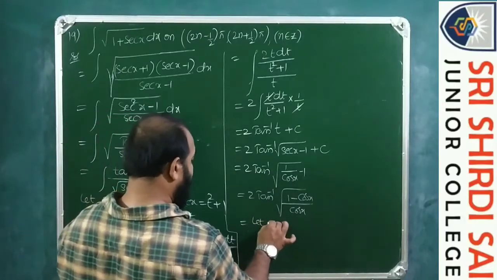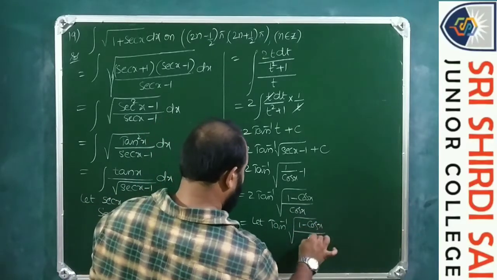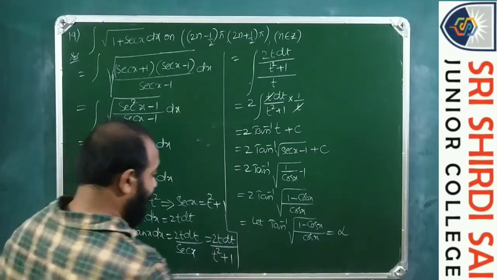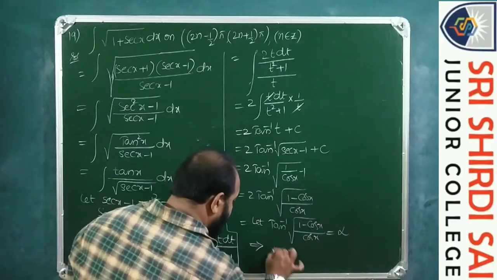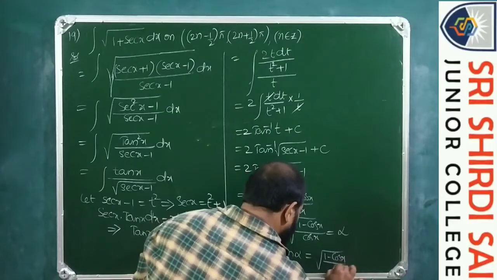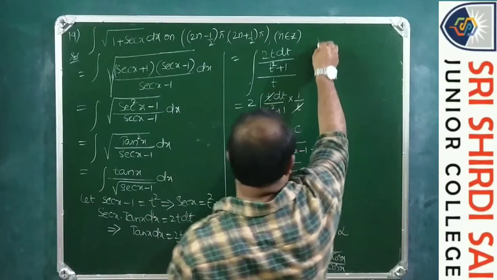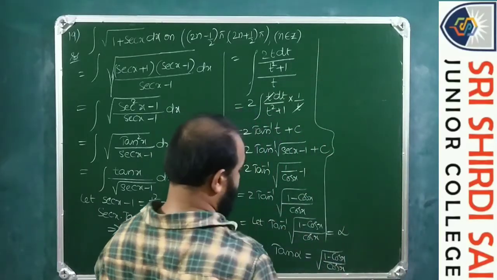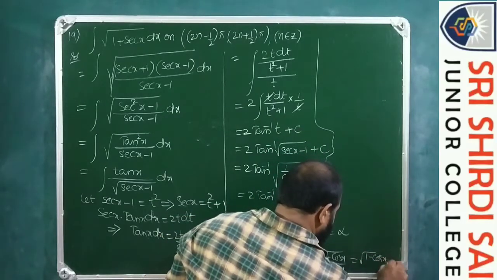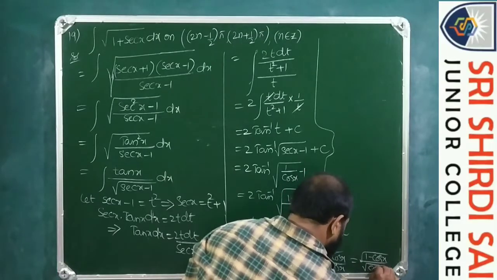Let tan inverse of root of 1 minus cos x by cos x be equal to, let us take it as alpha. Then tan alpha is equal to square root of 1 minus cos x by cos x, which is root 1 minus cos x by root of cos x.